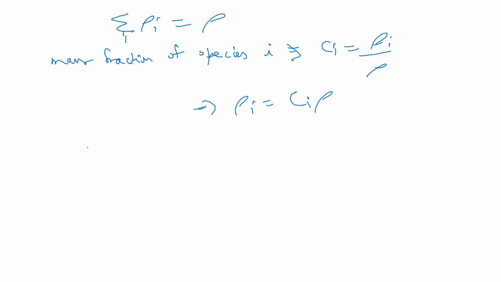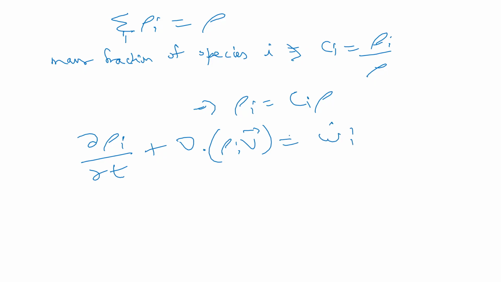So our continuity equation was del rho i upon del t plus del dot rho i V vector equal to wi dot.